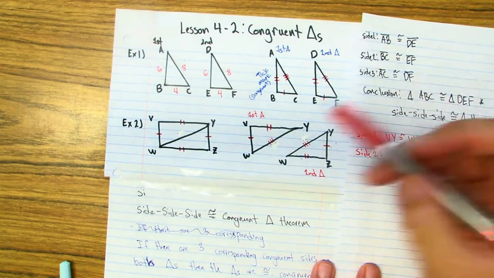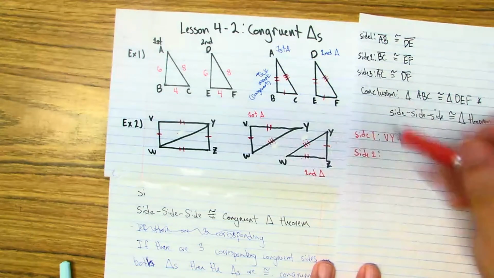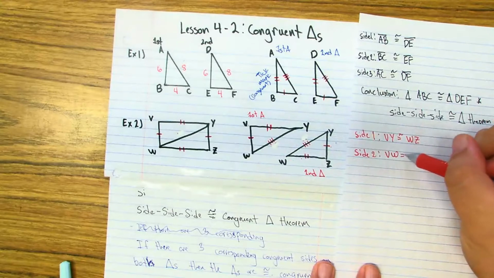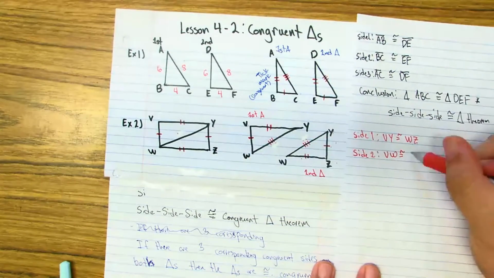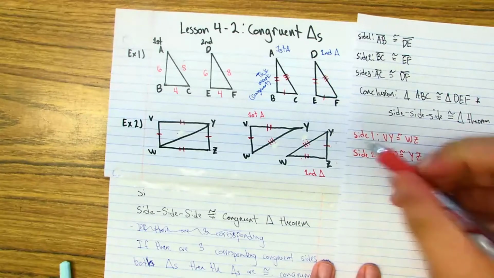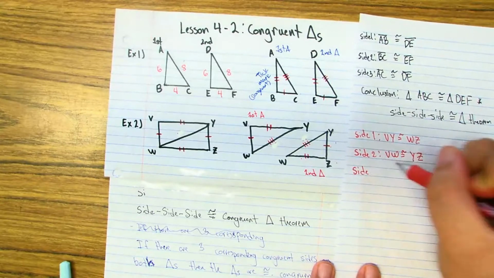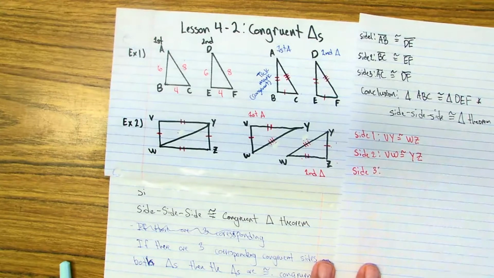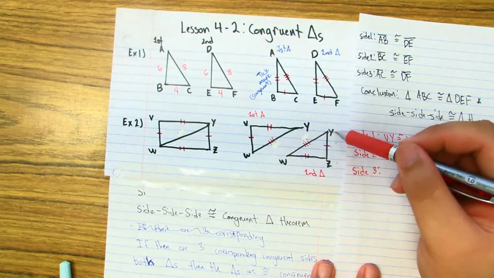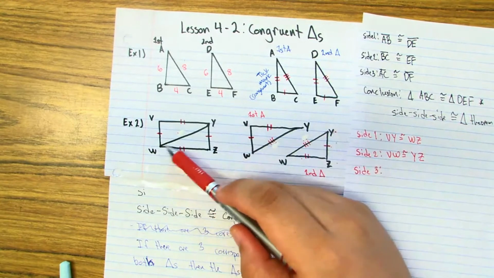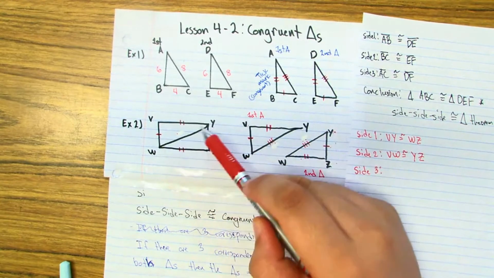Side number 2 that is congruent is BW, congruent to YZ, because you only have one tick mark. And side number 3 is kind of tricky. How do we know that WY is congruent to WY? If you look at the diagram, they share the same side.